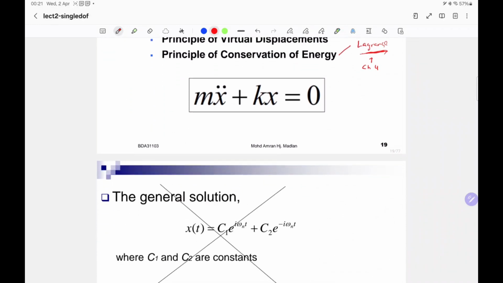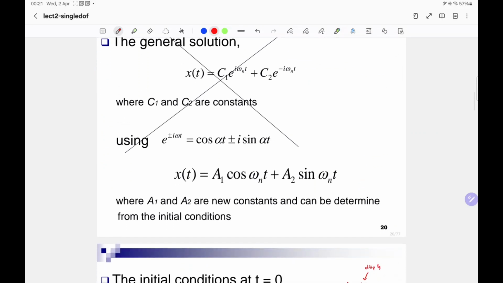Alright, so for free undamped vibration system, if you refer to the solution or the response on the last 2 pages of your lecture notes, this is the solution or the response. When I mention response, if you remember in chapter 1, for vibration we have 3 types of response.